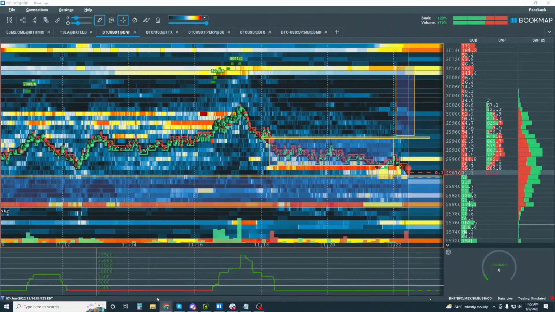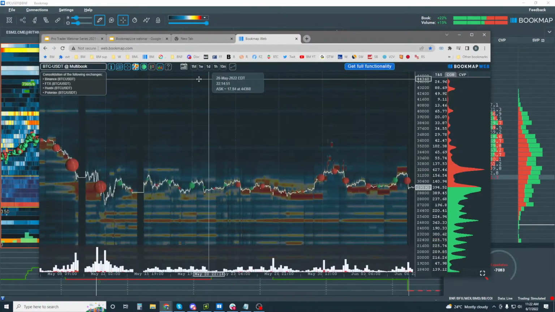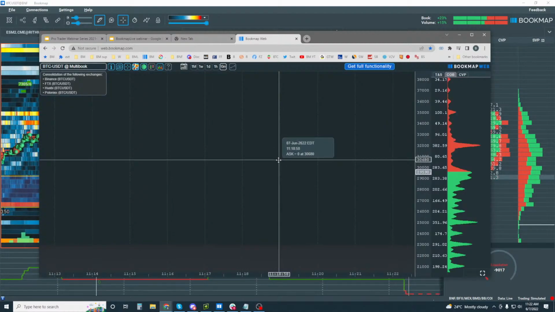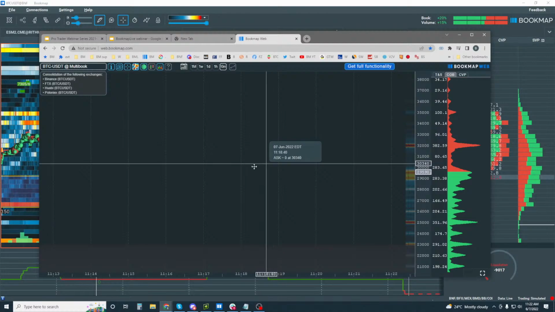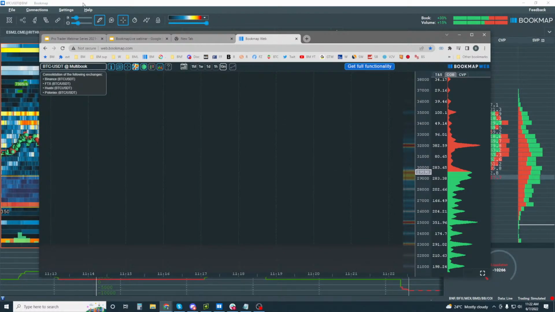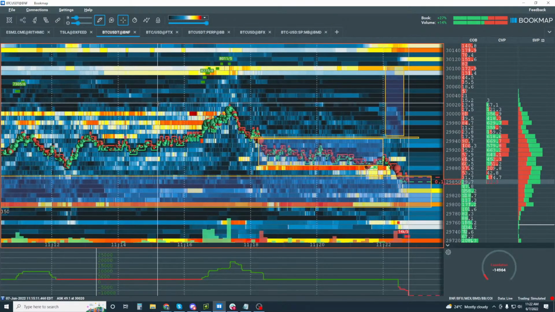Okay, we can go to Bookmap Web. We can look at a 15-minute chart in here, or was it 10-minute here? Okay, I didn't even talk about Multibook, nor did I talk about the sweeps. I would like to go over the sweeps with you guys.